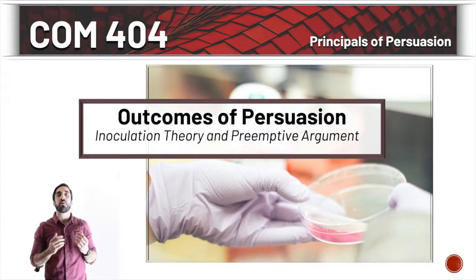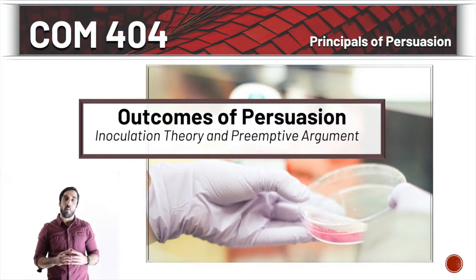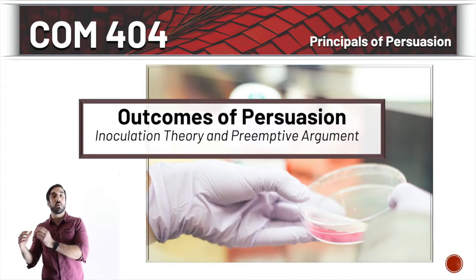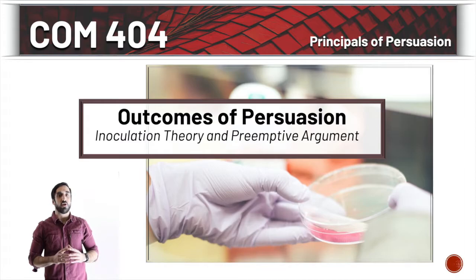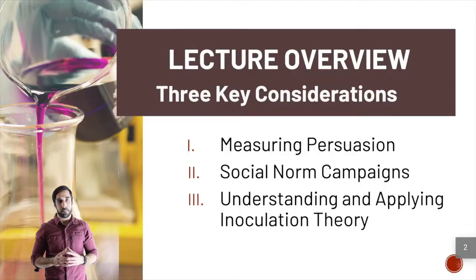We'll call this a preemptive argument, and today inoculation theory will be one of the preeminent ways that we describe how arguers, including marketers and politicians, use various different techniques of argument and persuasion to embed messages in their receivers' or audience's minds to better prepare them for the messages they might receive in the future.